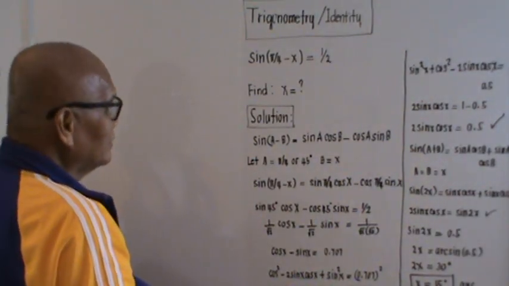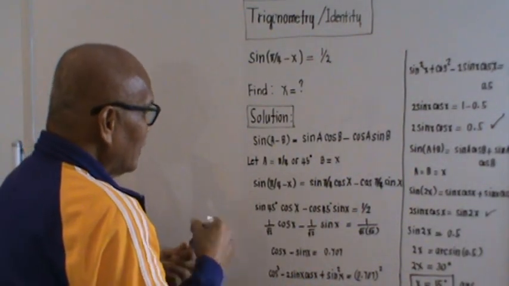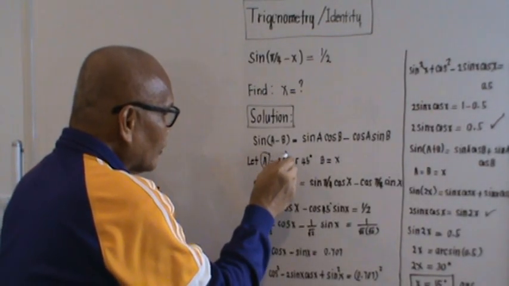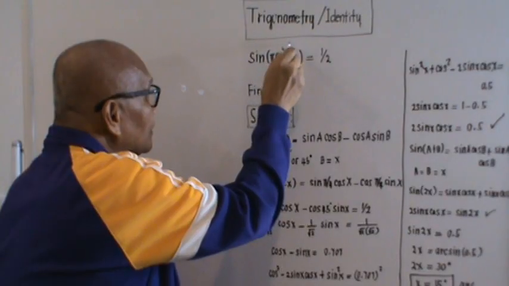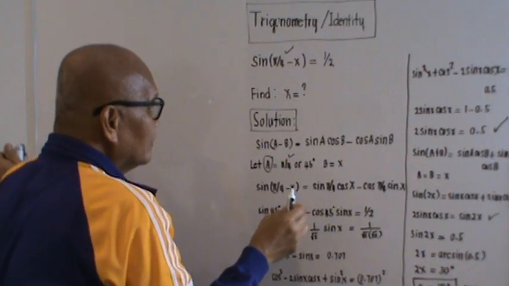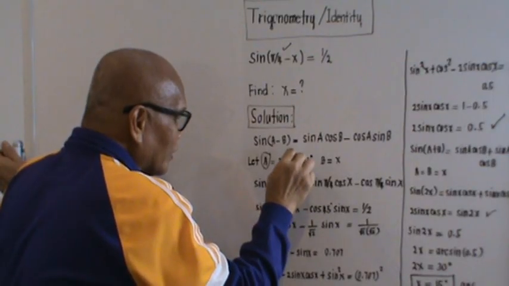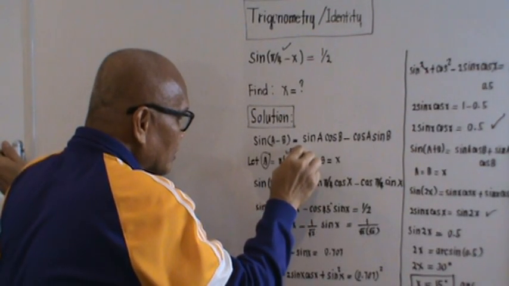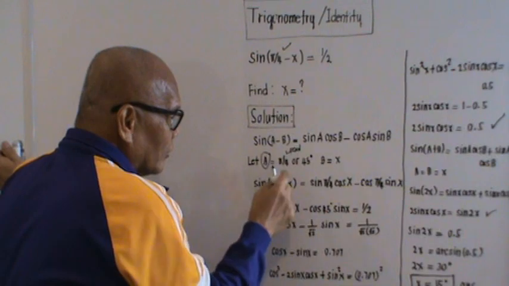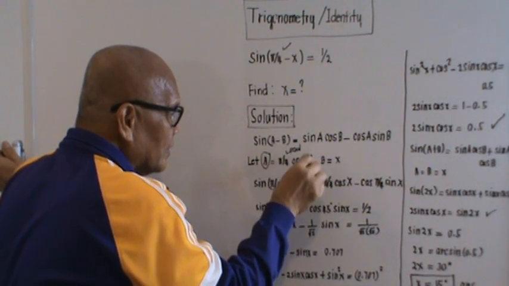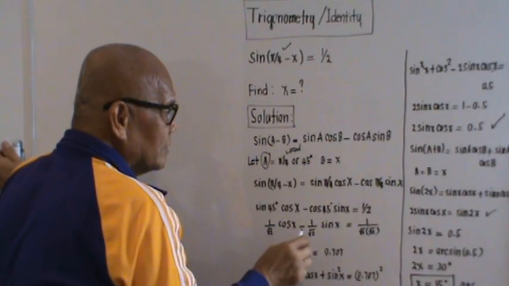And for tonight, the value of A is pi over 4. This pi over 4 is in radians, or the equivalent in degrees is 45 degrees.